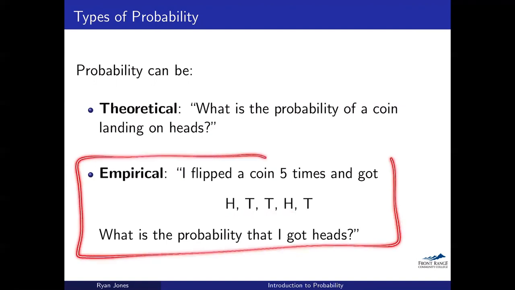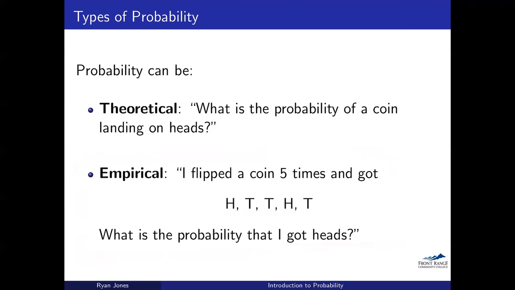Based on this experiment, the probability that I get heads is equal to 2 out of 5, which is 40%. And now we know that 40% is not actually the probability of getting heads, but based on this experiment, that's what this is saying. So empirical probability is not necessarily perfect, but a lot of times that's how we have to figure these things out.